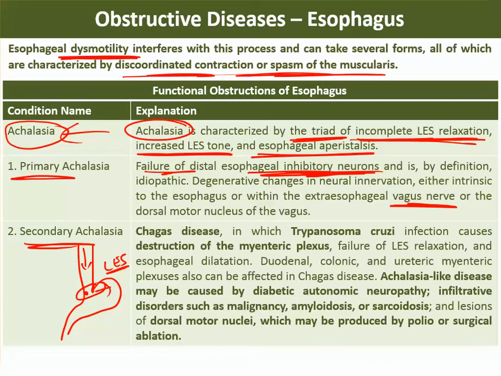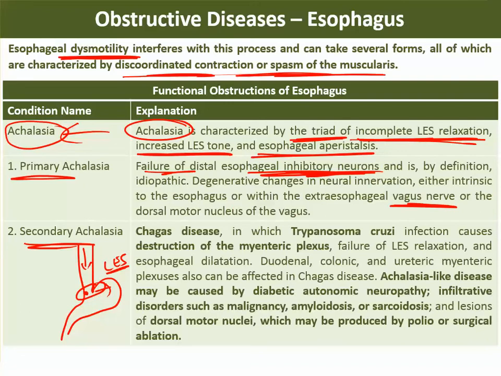Sometimes the person has a tumor inside the cranium, intracranial tumors. In the CNS I will be discussing more if I am taking it. There are certain tumors which destroy the vagal nucleus inside, so automatically all the vagal nerve innervated organs are affected. These are the things you should keep in your mind.